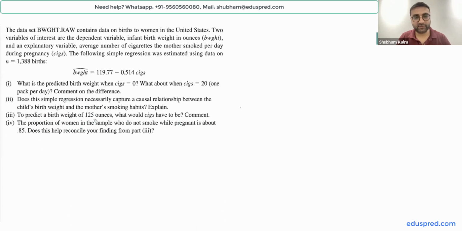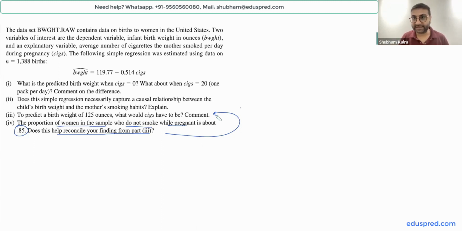Now let's move to the fourth part of this question. The proportion of women in the sample who do not smoke while pregnant is about 0.85. Does this help reconcile your findings from part number 3? Definitely. Think of it this way: what we were trying to achieve from this regression was to link the average number of cigarettes smoked to the child's birth weight.